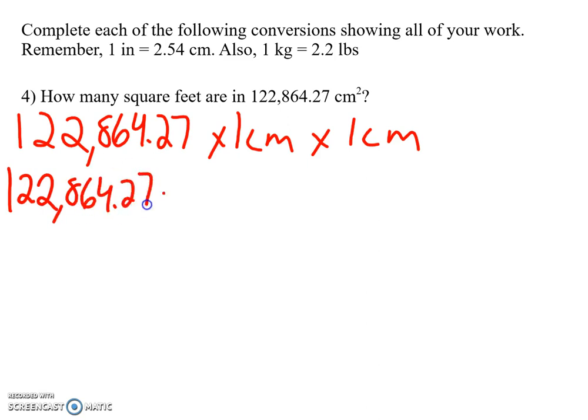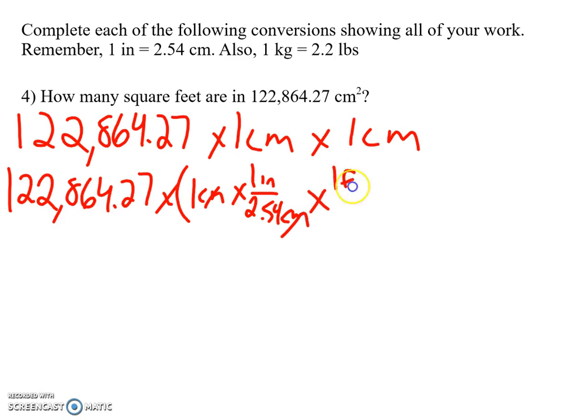If I want to go from 1 centimeter to change it, I know that that would be 1 inch for 2.5400 centimeters, and there my centimeters would cancel, but I don't want to end in square inches, I want to go to square feet. So I know that there is 1 foot for 12 inches. So that's my first time I do it, and I need to do that a second time.